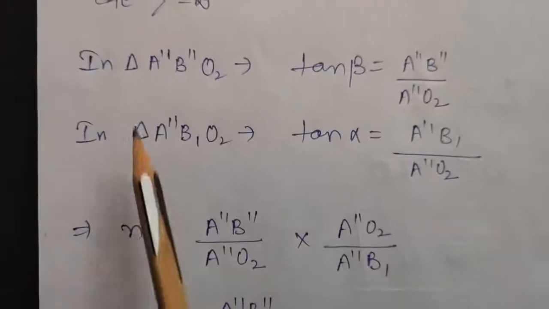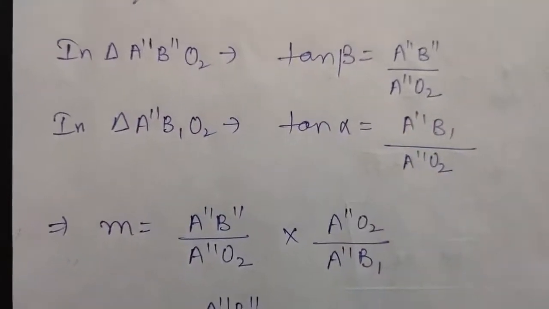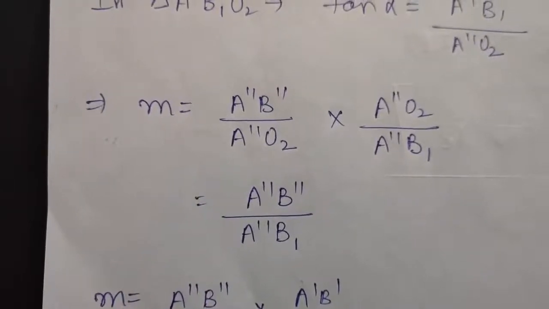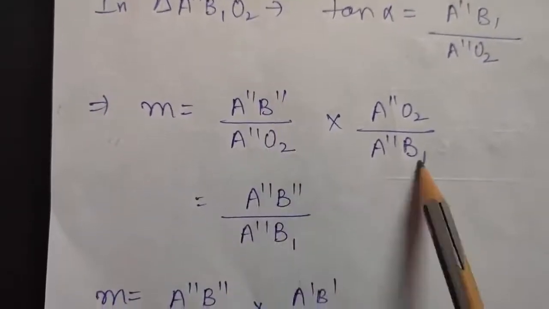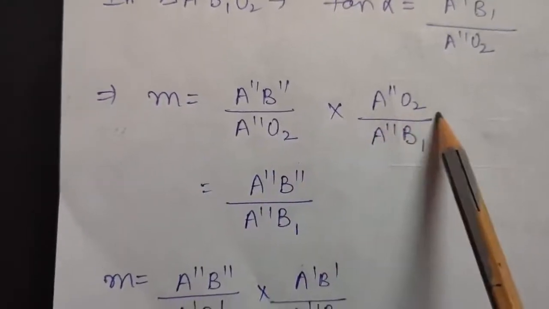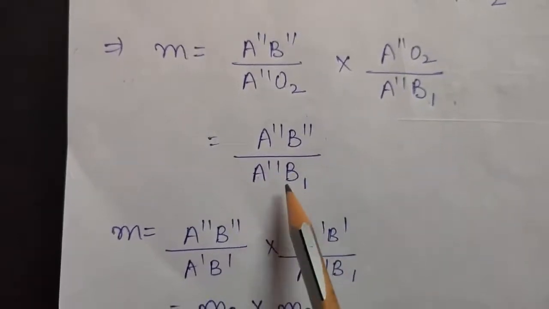So here I have just written in those triangles the value of tangent beta and tangent alpha. Now to calculate magnification, you know it is tangent beta upon tangent alpha. So from here A double dash O2 and A double dash O2 will cancel out. So you will be left with A double dash B double dash upon A double dash B1.